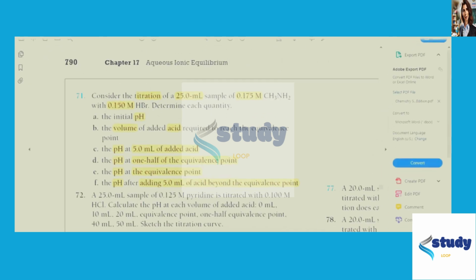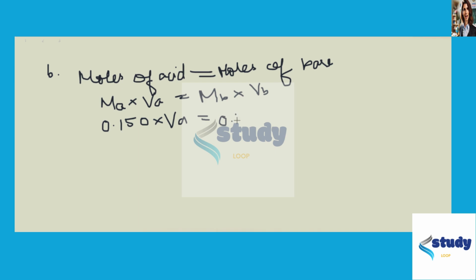The molarity of the base is 0.175, and the volume of the base is 25 milliliters. As a rule of thumb, I always convert all my units to liters. So if I have milliliters, I'll convert it to liters. In this case, since the other value you're trying to find is also a volume, it won't matter if you have milliliters here or liters.